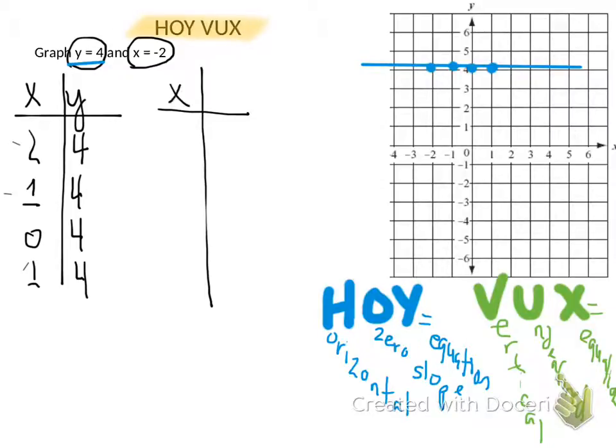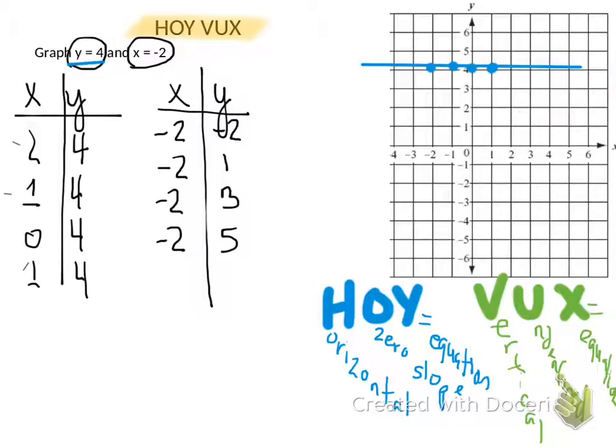Using a table, x equals -2 means the x value is always going to be -2. Any y value that I want can come out. Notice I'm just picking random numbers. When I graph this, we're going to be able to see that it's going to make a vertical line because it says x equals.